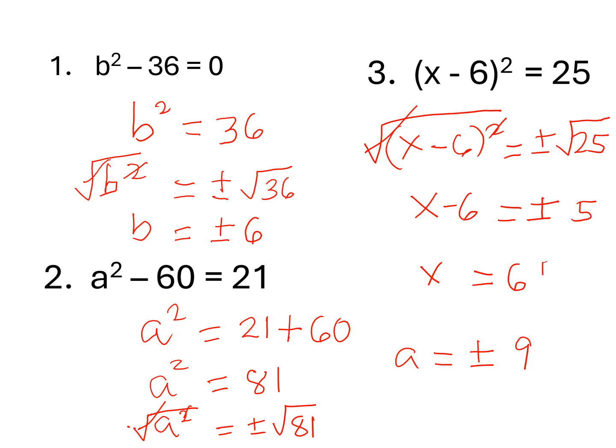Then copy positive 6 plus minus 5. So our x sub 1 is 6 plus 5, that is 11. Then our x sub 2, the second value of x, is 6 minus 5, that is 1. So there are two solutions, two values of x, 11 and positive 1.